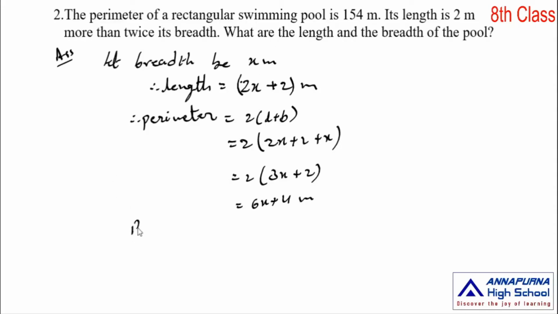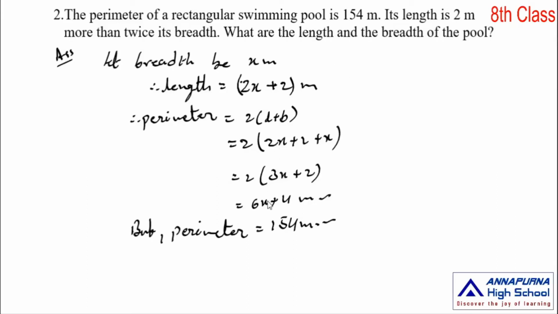But according to the given question, the perimeter is 154 meters. So observe, do these two represent the same quantity or not? Yes, these two represent the same quantity. This is also the perimeter of the swimming pool and this is also the perimeter of the swimming pool.